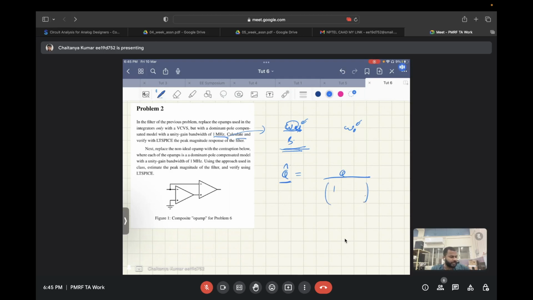It's something like omega u into 2Q, something like this. I hope this is the one. Can someone confirm, is this the relation? Yes, sir, this is the relation. I have written a note, sir. Not exactly, sir.